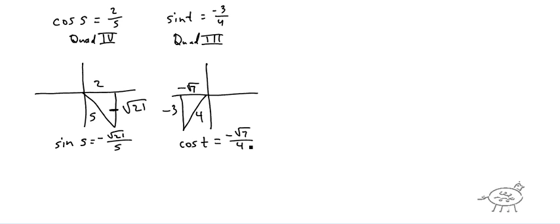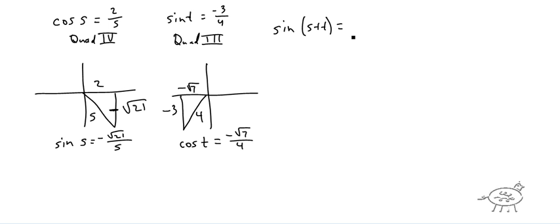And then basically what I'm doing is just plugging everything in to the equation. So if I do sine of s plus t, that's going to be sine of s, which is -√21 over 5, cosine of t, which is -√7.